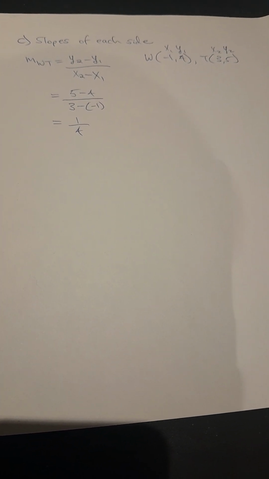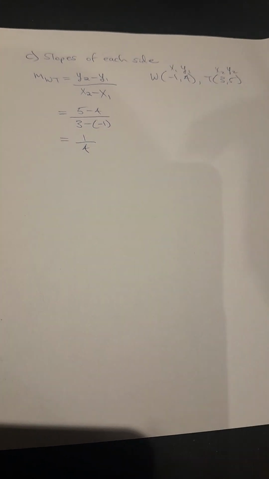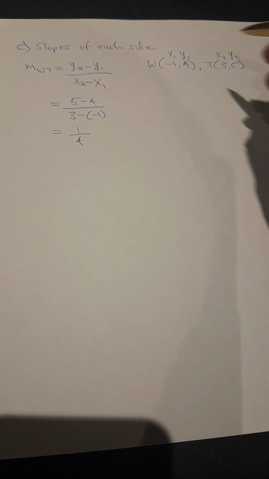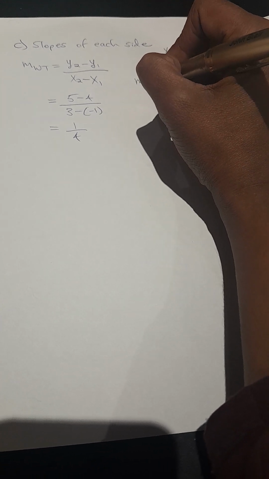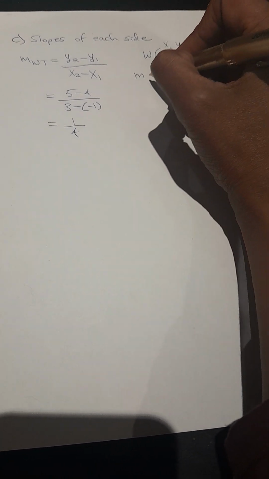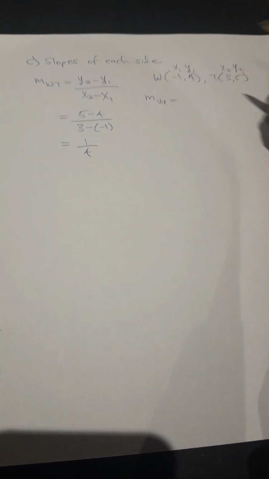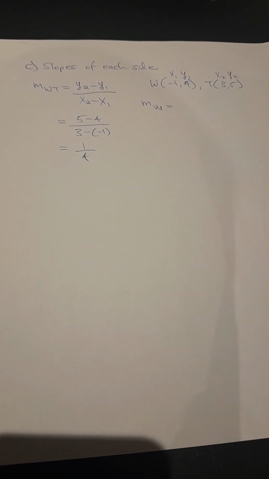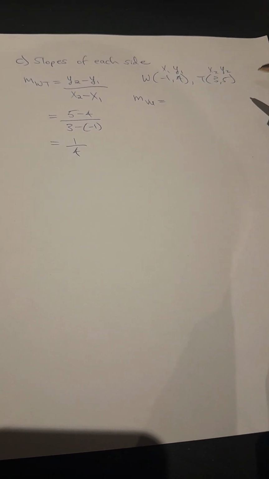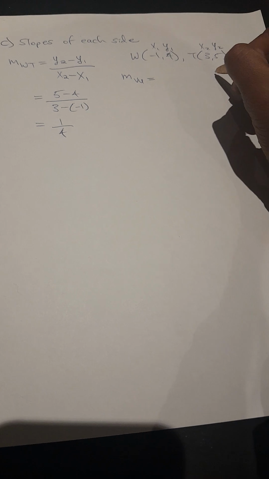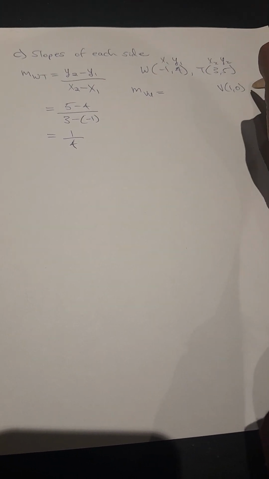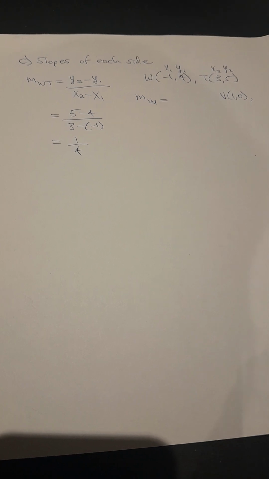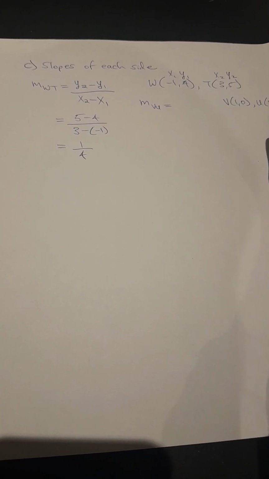In that same manner, I think maybe we'll just write it right here beside it. I want to do the slope of VU as well. And maybe we'll write down the points here. So V is 1 and 0, and U is 5 and 1.